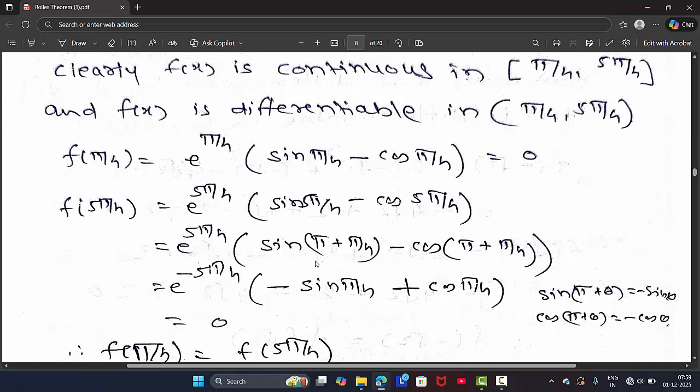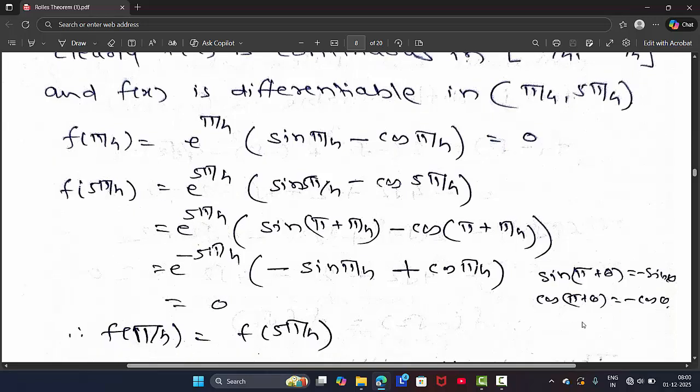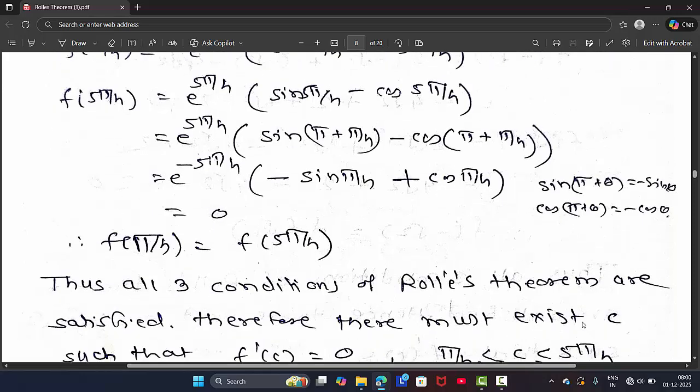But sin of (π + π/4) is nothing but −sin π/4 and cos of (π + π/4) is again −cos π/4, therefore it becomes plus cos π/4. And again these values are same, therefore this becomes 0. We know the formulas: sin(π + θ) equal to −sin θ and cos(π + θ) equal to −cos θ. Therefore, f(π/4) equal to f(5π/4).